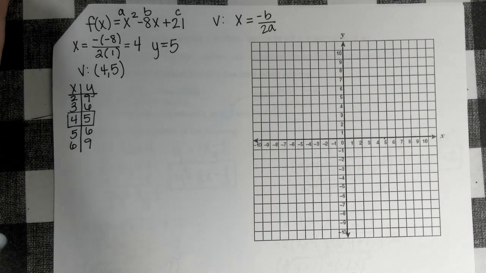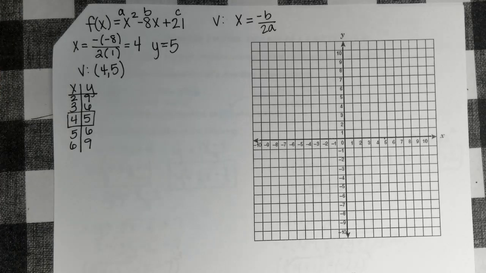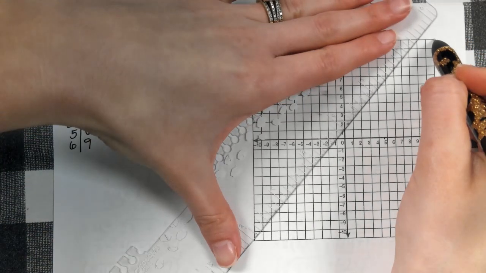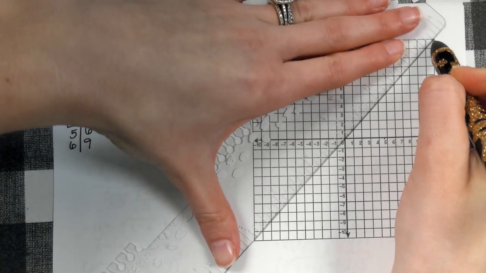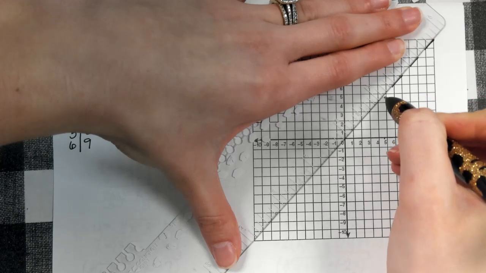Okay, so you're going to have to know how to do this. You're going to have to know how to go back to chapter 3 and do all of the things that we did. Okay? So I always have my dashed line, my y equals x, axis of symmetry.